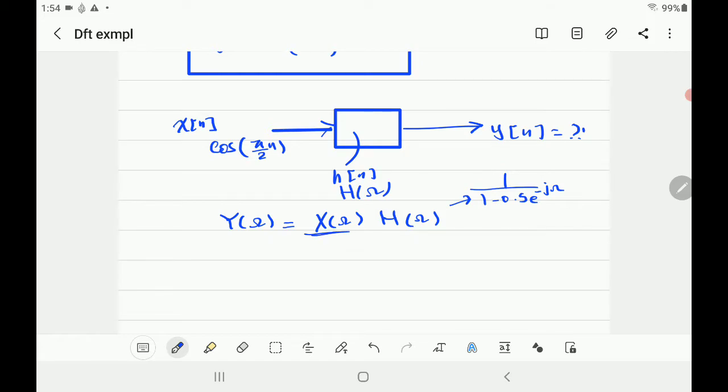X, we don't have it, but we have it in time domain. So all we're supposed to do, again, is go to the table and see how we can convert the cosine.